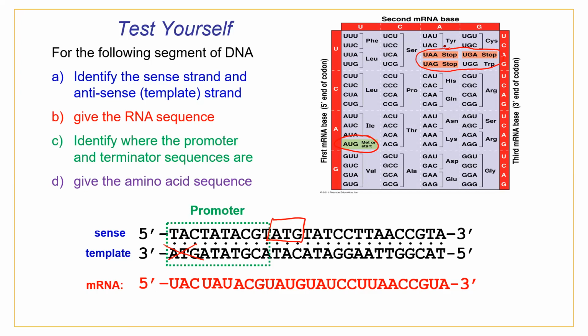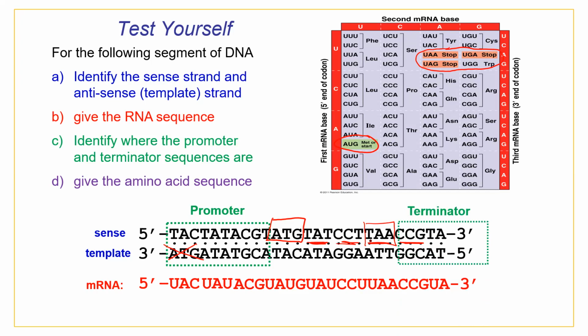I'm just going to underline each of the triplets here until I get it, going all the way to the end. I can see that TAA is actually my stop codon right there. UAA, as you can see on the genetic code, is the stop codon. That means that the terminator is somewhere after the stop codon. So that's 1, 2, 3. It's about 3 marks already.